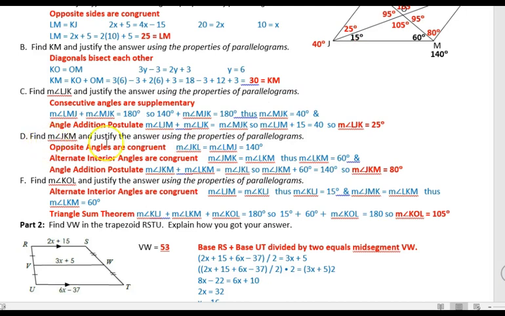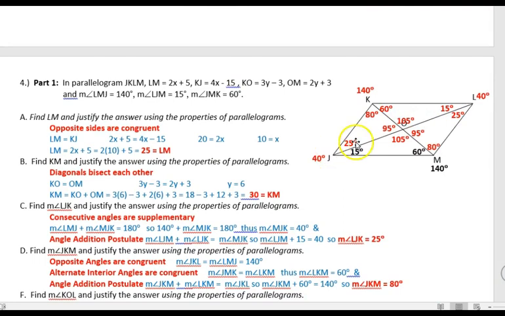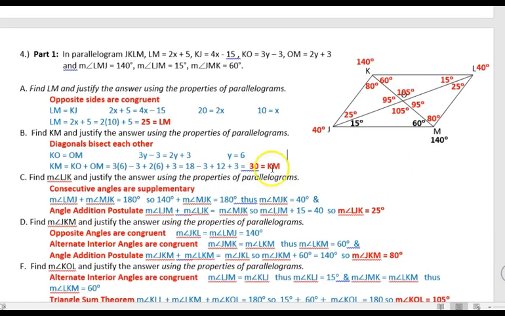The next one, part D, says find the measure of JKM. So JKM is this angle right here. And I found that one, again, because opposite angles are congruent. So I knew that this angle up here at K was congruent to this angle down here at M. And then I said alternate interior angles because 80 is congruent to 80.